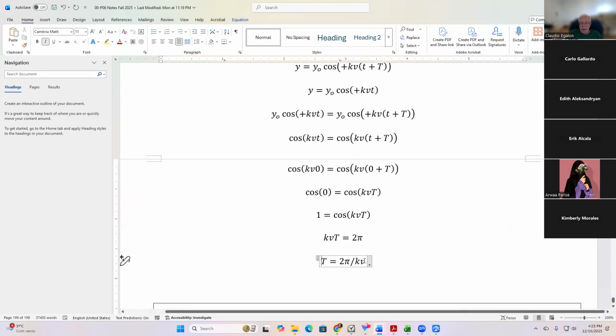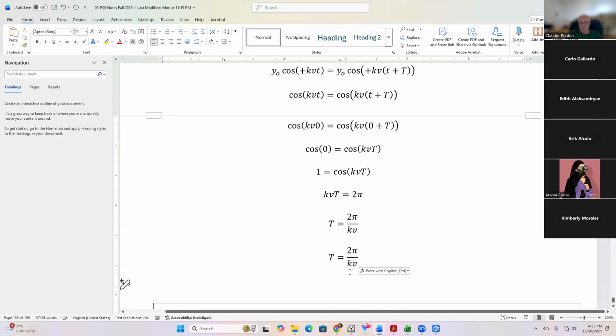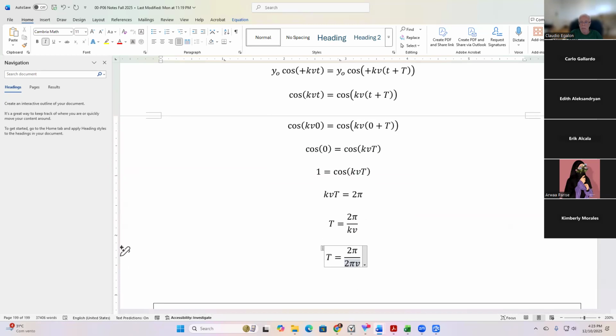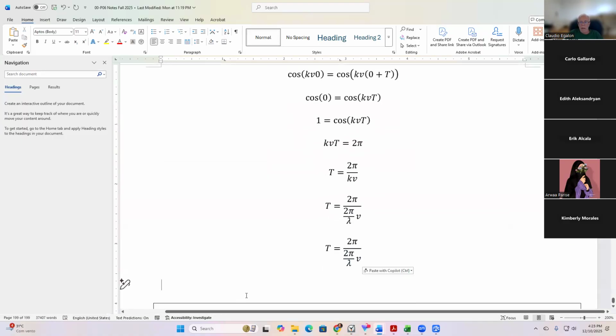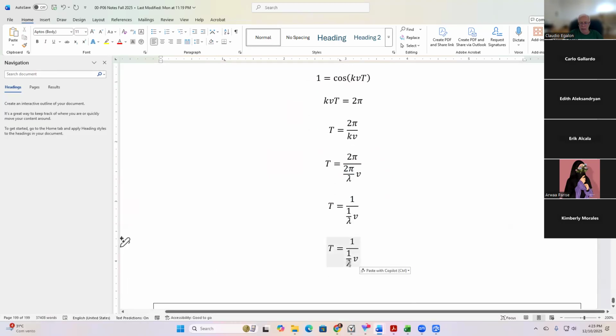I can go another step. k is 2 pi over lambda. We can go ahead and simplify, cancel 2 pi with 2 pi. When you cancel 2 pi with 2 pi, we can invert lambda.